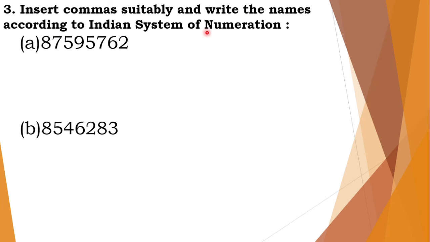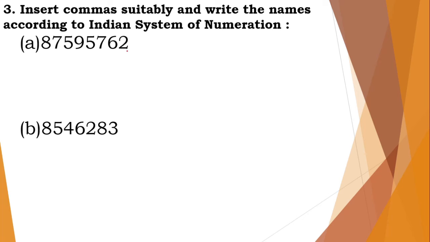according to Indian System of Numeration. Now here they already gave us that we should put the commas and write the names according to Indian System of Numeration. So we can do according to Indian System of Numeration only. And how to put commas according to Indian system. Now to put commas in Indian system, initially we start with 3 digits and then afterwards we will put the commas after 2 digits.